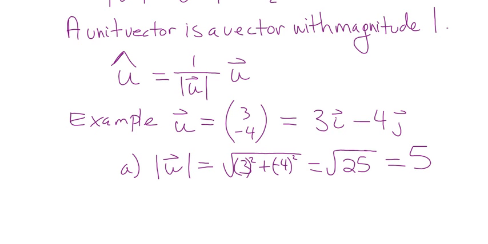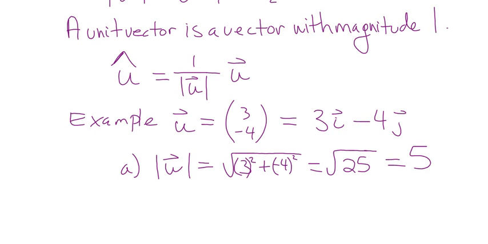Because it's the magnitude. So it's the size of the vector, right? It's not its direction. So if you think about what that means, you take the geometric vector on the grid. 3i says we're going 3 units to the right, and 4 units down, 3, 4.